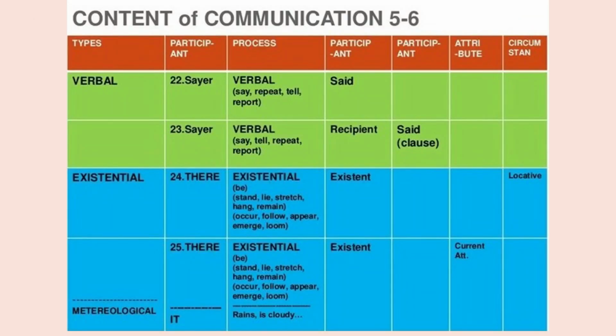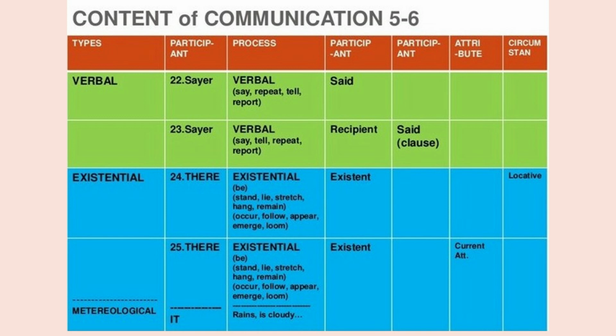Content of communication, 5 to 6. The types, there are two, which are verbal and existential. Verbal: the participant is sayer, the process is verbal, including say, repeat, tell, and report, and the participant is said. The next one is sayer, the process verbal like say, tell, repeat, and also report, but the participant is recipient and said clause.